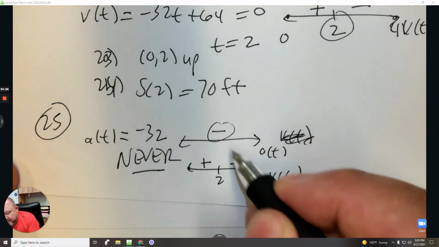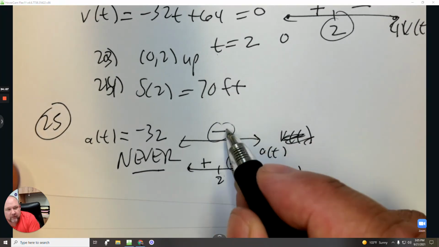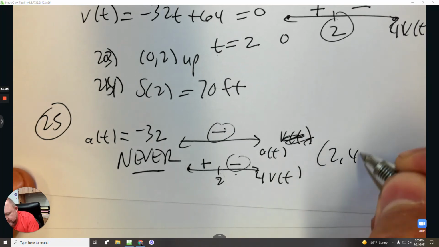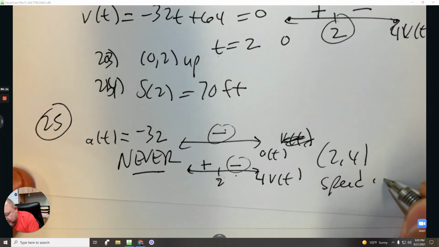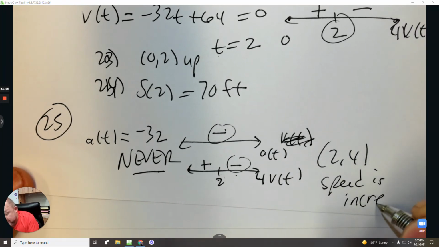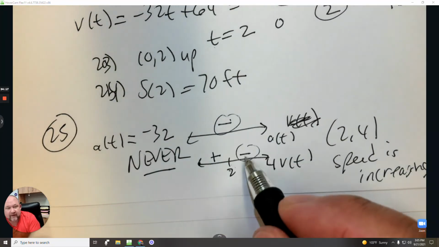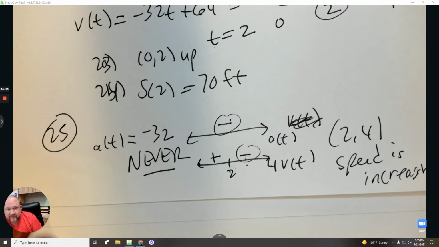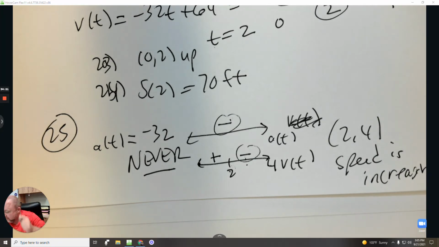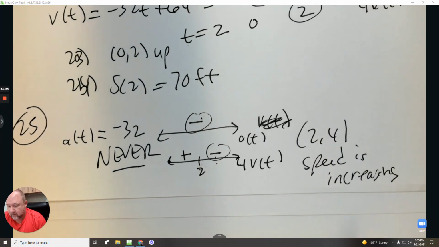And when do the signs match? So from 2 to 4, the signs match. And that means speed is increasing. That means it's getting faster as it's going down. So signs match, it's going faster. So the speed is increasing, going in a downwards direction. 26.